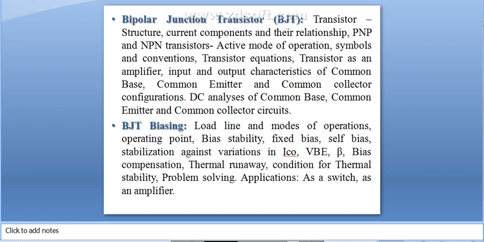So these are the topics we are going to discuss about BJT, bipolar junction transistor.